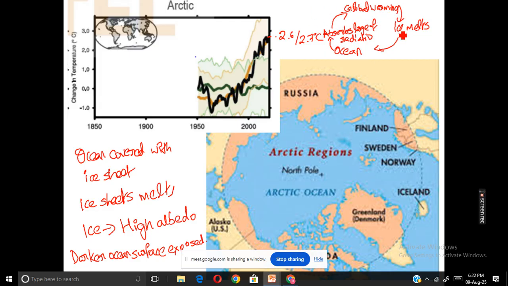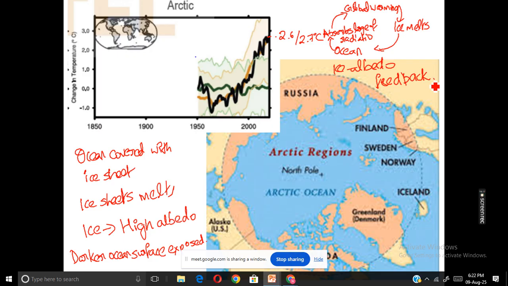So this happens as a positive loop or cycle. Because of this ice albedo effect, this particular loop, there is a very large increase in temperature over the Arctic region. Arctic is basically the polar northern hemispheric region. So because of the positive loop, this cycle is basically called ice albedo feedback.